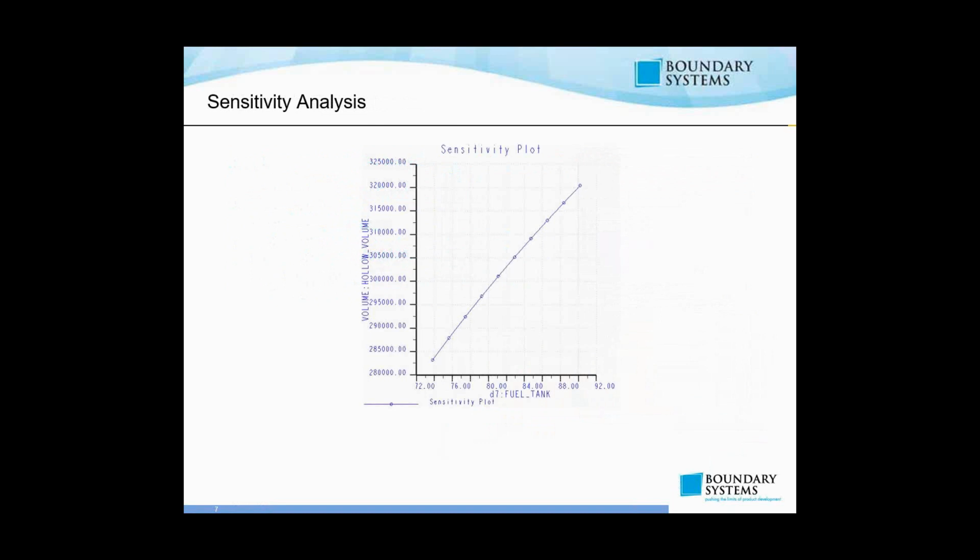Then you could leave Creo running and go do some other high-value tasks, and Creo will automatically regenerate the model, perform the analysis, and report the result for you in that graph. It doesn't matter if it takes Creo 10 minutes or 20 minutes or 2 hours to regenerate the model all 5, 10, 15, 20 times you ask it to. It'll just keep on doing that iteratively until it generates the full graph for you.